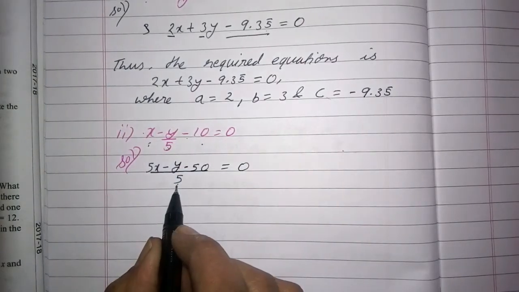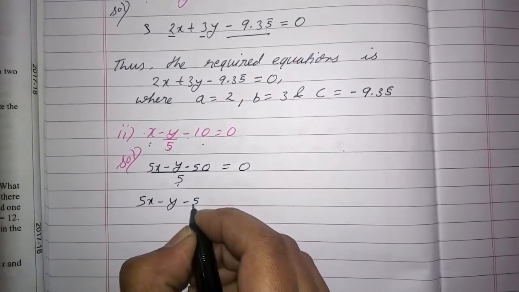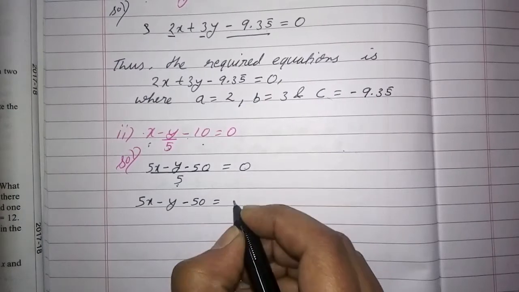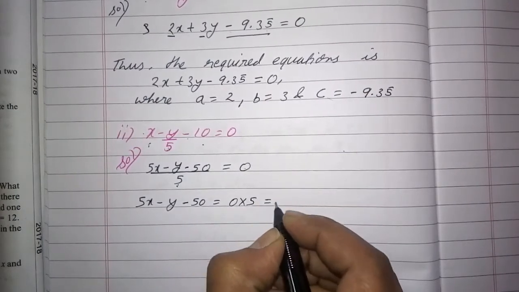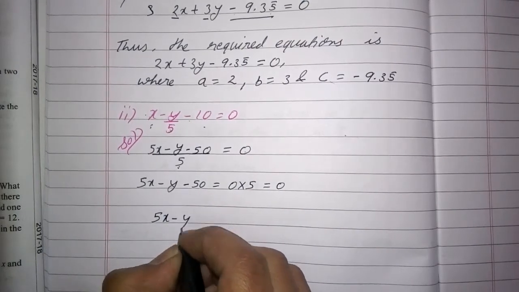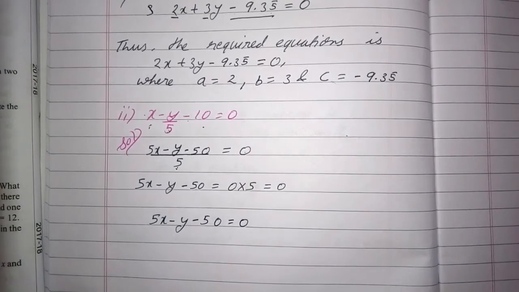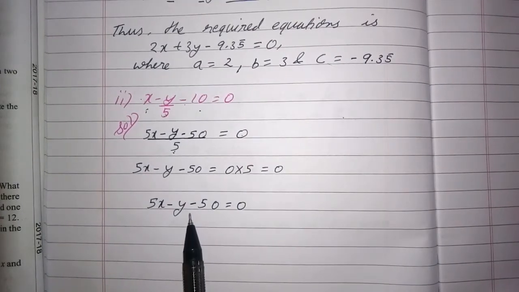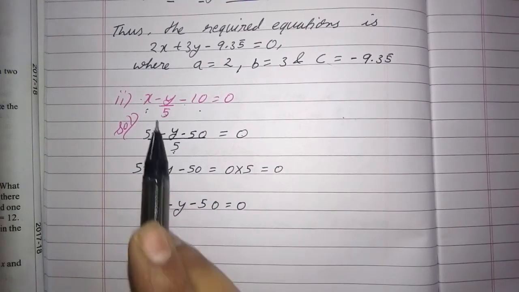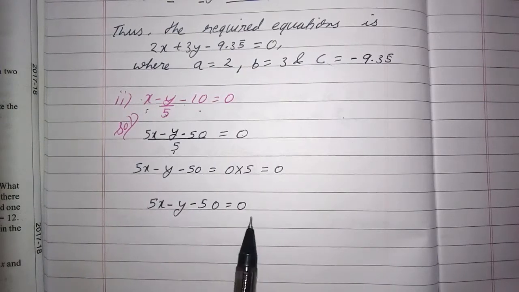Now transfer this 5. The transformation of division is multiplication. So 0 into 5 is 0. Now what remains? 5x minus y minus 50 equal 0. And in this form we have to express the given equation, in ax plus by plus c form.